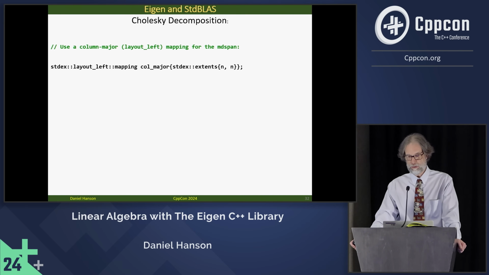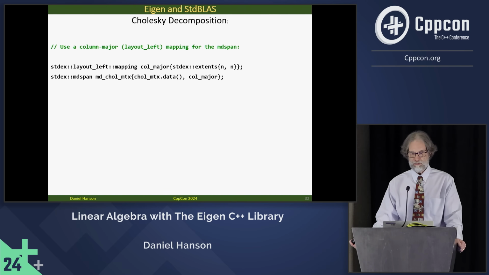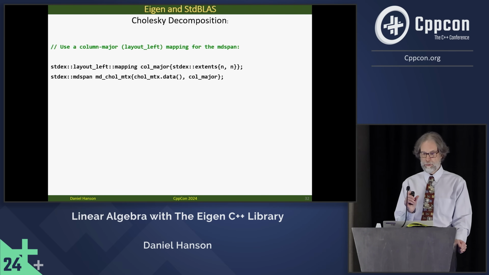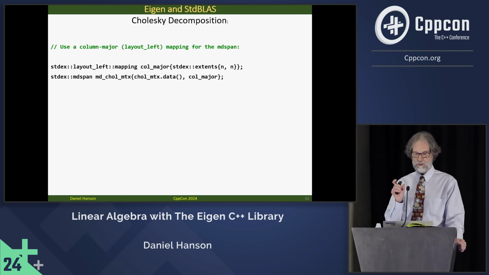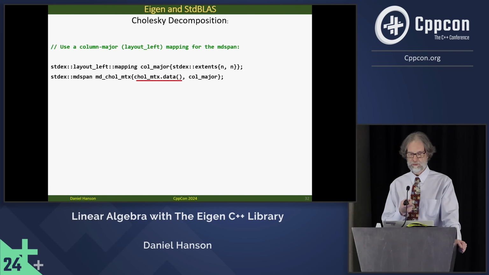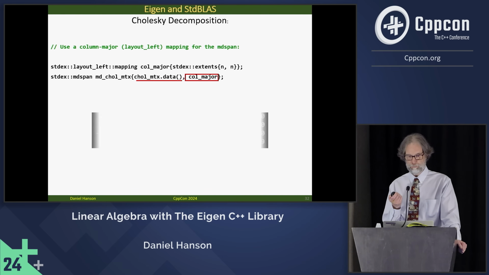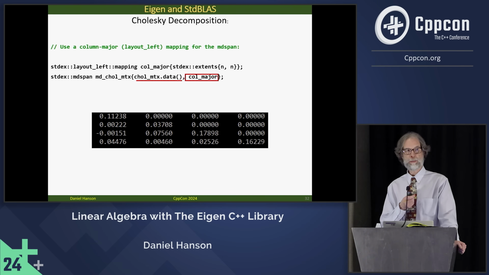So again, two extents, each of size n. And then when we create the mdspan, we use a different constructor, which now takes in the location of the data again, but instead of the extents, it takes in the mapping. So that's the location of the data, and that's the mapping. And when you look at your result, now we get what we expected.